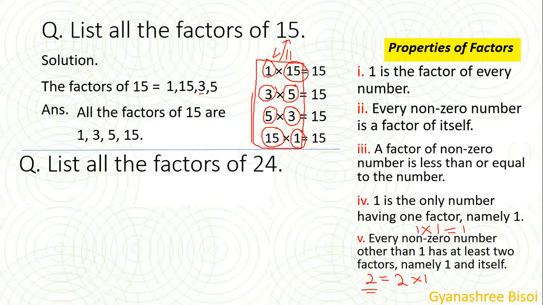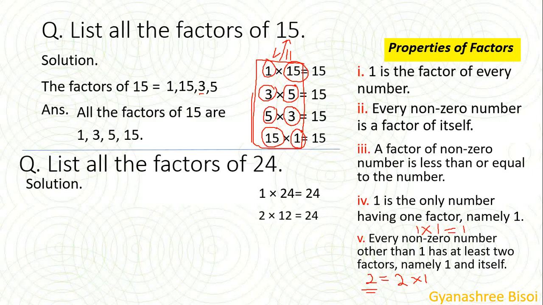Next question. List all the factors of 24. Solve the question with me. Solution. Now I will find the numbers which can be multiplied together to get 24. So 1 multiplied by 24 equals 24.